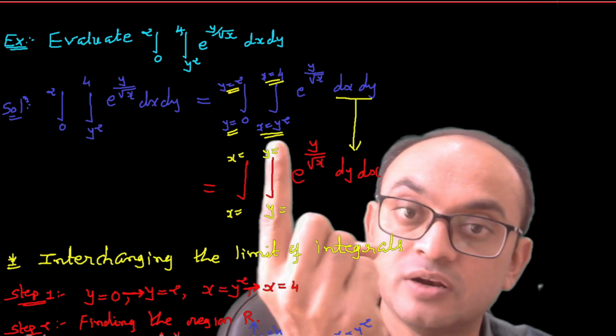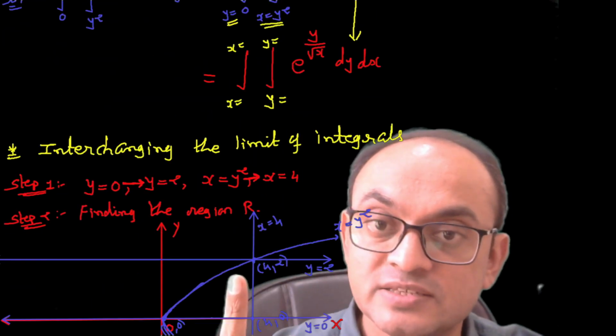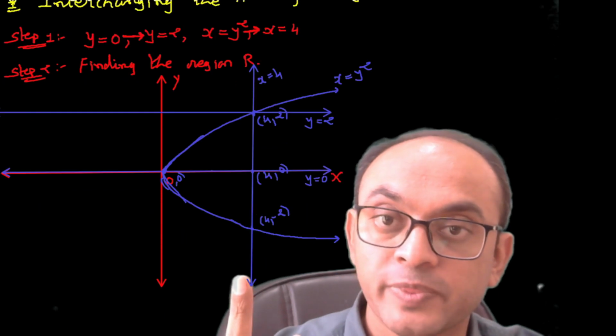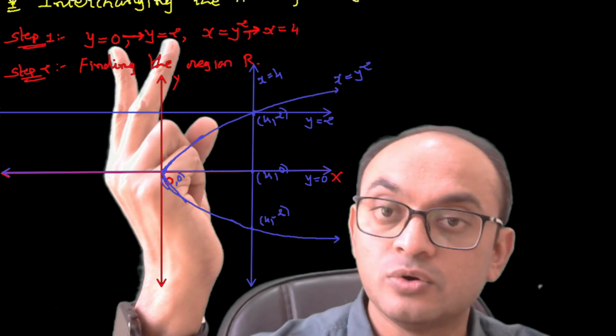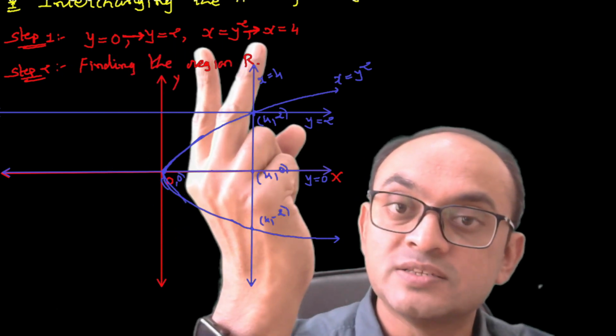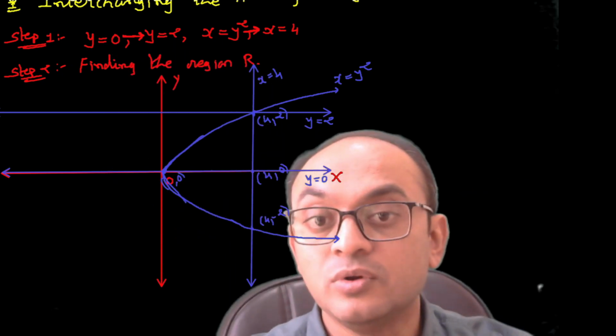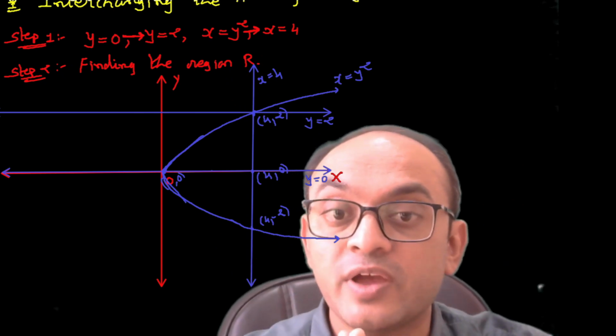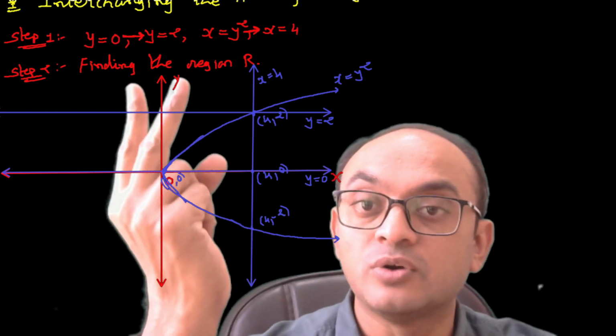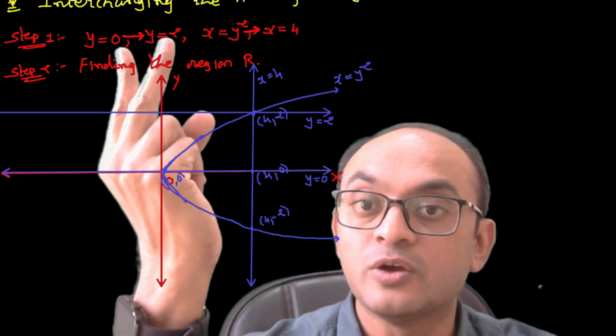Here we have the drawing of the region. So this is the outer limit, y equal to 0 to y equal to 2, and this is the inner limit. Now there is a trick to find the region. Which trick are we using? First, observe the outer limit, y equal to 0 to y equal to 2.